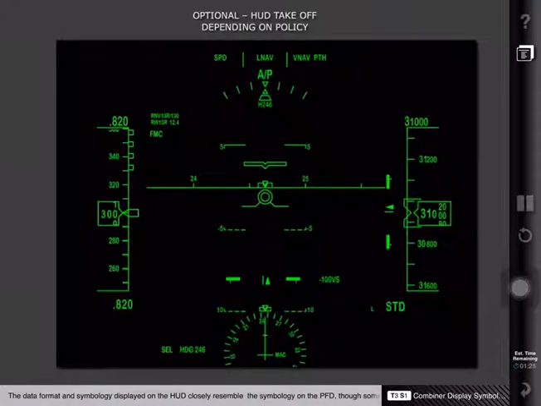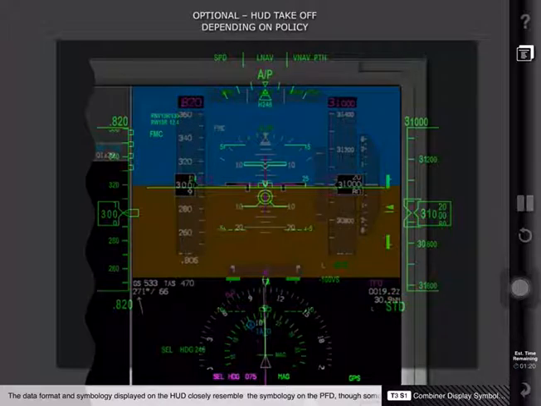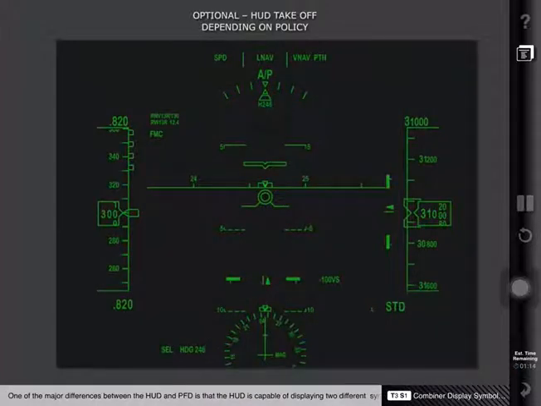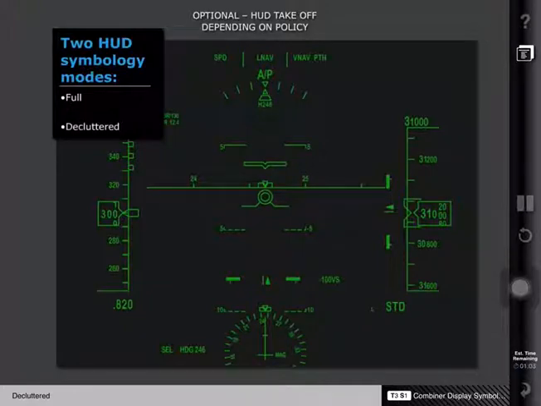The data format and symbology displayed on the HUD closely resemble the symbology on the PFD, though some differences do exist. One of the major differences between the HUD and PFD is that the HUD is capable of displaying two different symbology modes: full and decluttered.